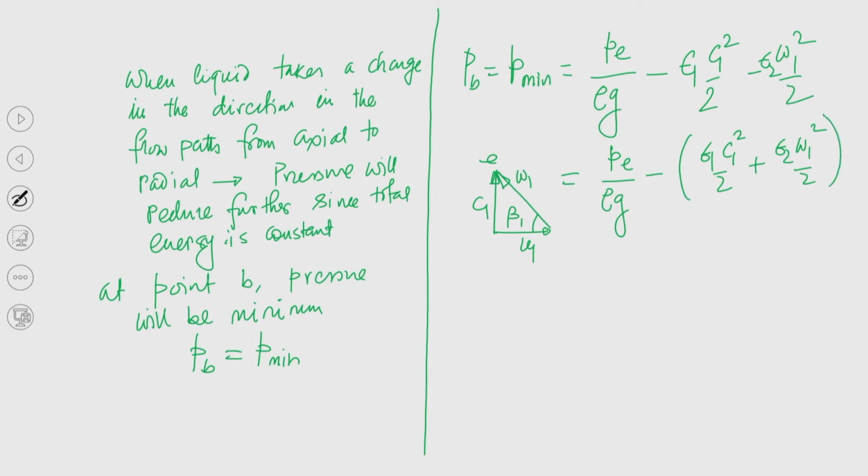Here epsilon 1 and epsilon 2 are constants obtained from experiments.